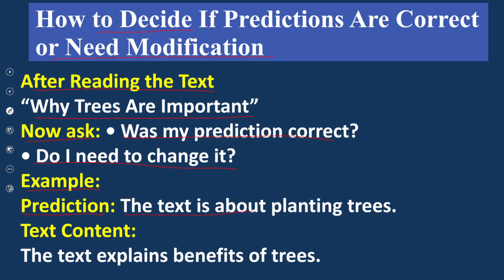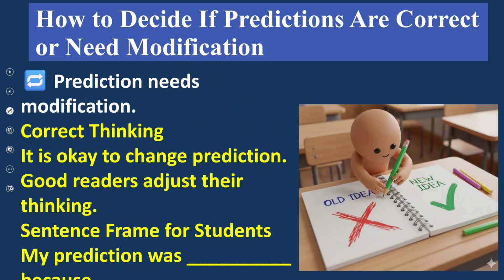Prediction: the text is about planting trees. Text content: the text explains benefits of trees. So, in this way, we can reach a feasible point to predict or to get a very smart meaning from these texts. Now, move to the next slide.